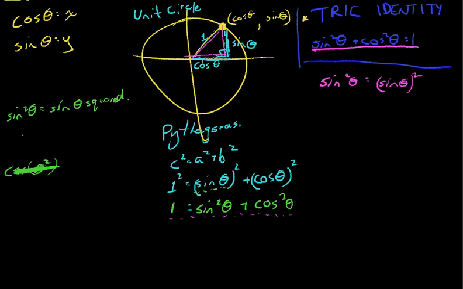Now, applying this is fairly straightforward. You might run into some questions that simply look like this. You might get asked to evaluate this. Now, all this says is sine squared 5 plus cos squared 5 equals.